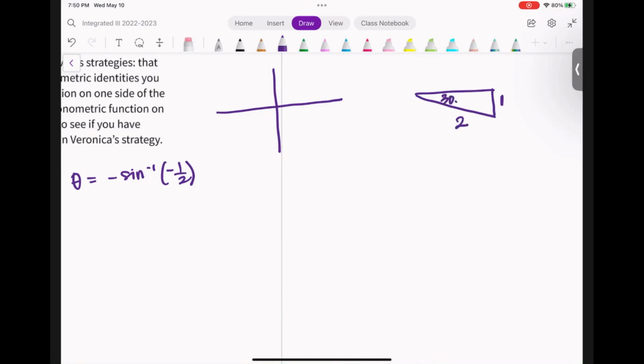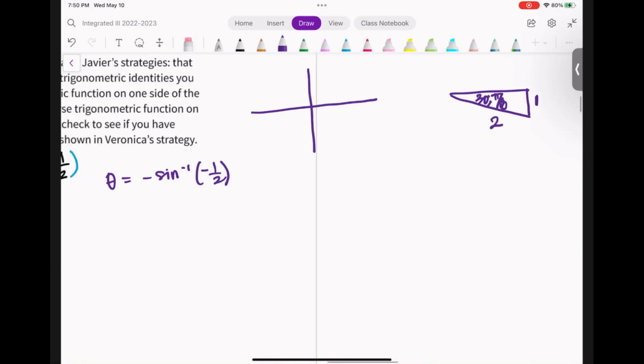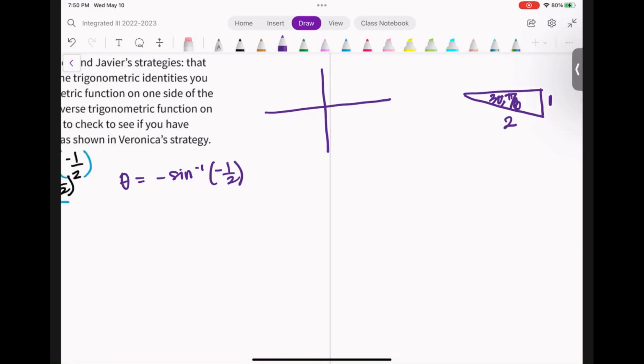You're in the land of 30 degrees, or pi over 6. And that's down here because the sine is your y. So your two triangles are going to look like this, negative 1/2 and negative 1/2.